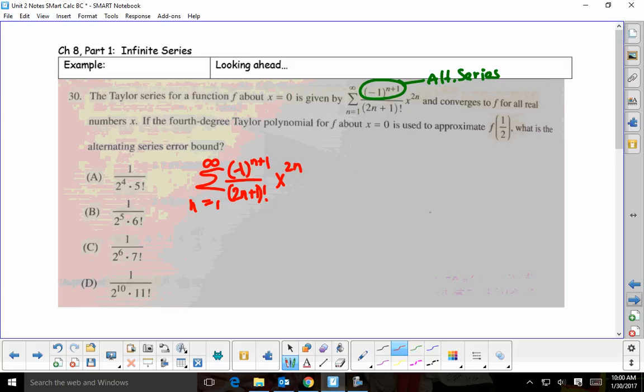Let's try to just write out the first few terms. Let's just do 4. So plug in the 1. That's going to be 1 over 3 factorial times x to the second. Okay, to the next one.